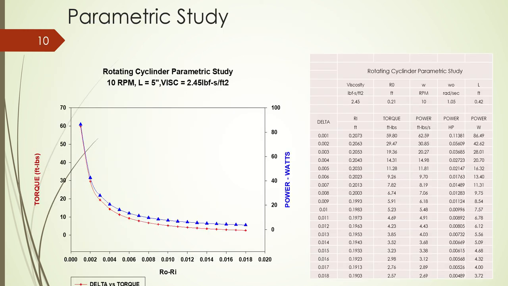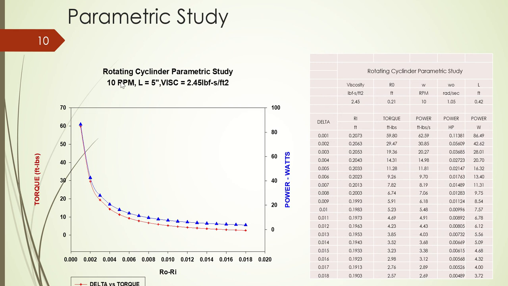Now let's throw this into a spreadsheet and understand visually or graphically what my solution is telling me. So here we have on the y-axis the torque, and on the x-axis we have the gap, R_0 subtract R_i. I have a speed of 10 RPM. I know that the length is equal to 5 inches, and I have a fluid viscosity of 2.54 pounds second per foot squared.